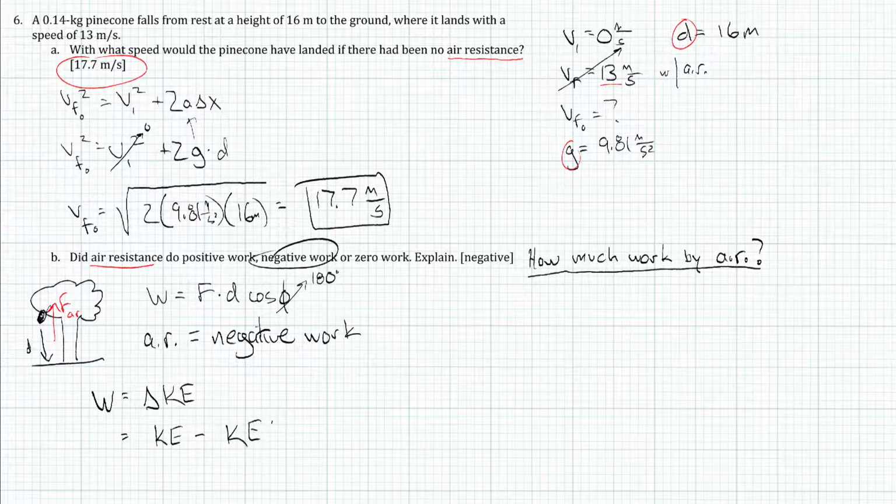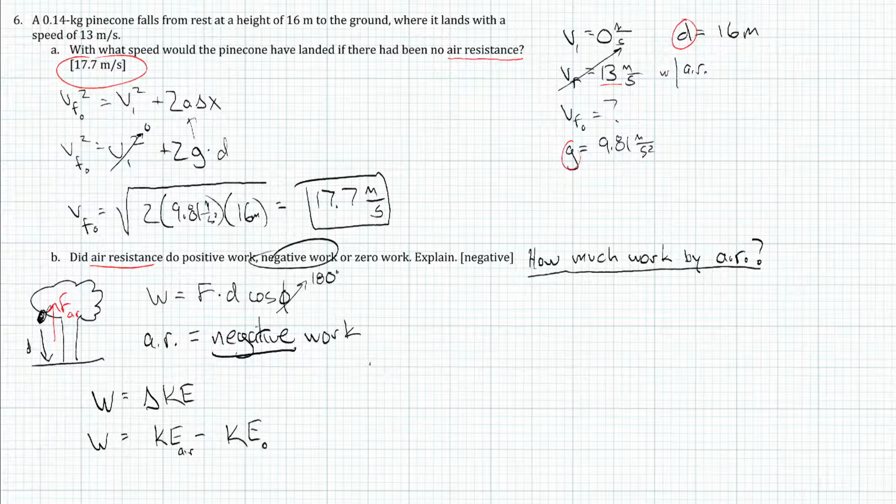We have the kinetic energy with air resistance, and we have the kinetic energy without air resistance right there. All right, that's really going to be what our work is. Now, if you have those in the wrong order, that's okay. You're going to come out with either a positive work or a negative work. We know that work is going to be negative, but the way that I set it up, I believe it's going to come out to be negative as well.